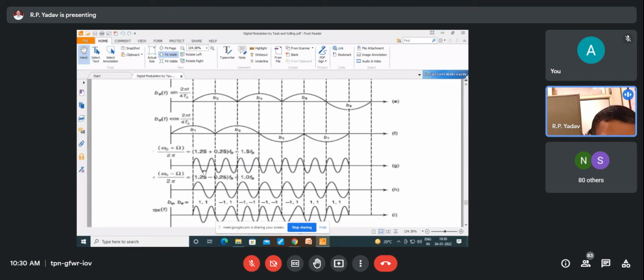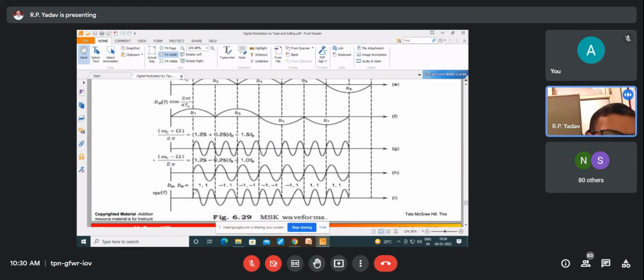I'm transmitting this carrier, and in QPSK there are 4 symbols. So a combination of B0 and B odd will be transmitted through this carrier. One will be cos, another will be sine, or the opposite polarity as far as that is concerned.